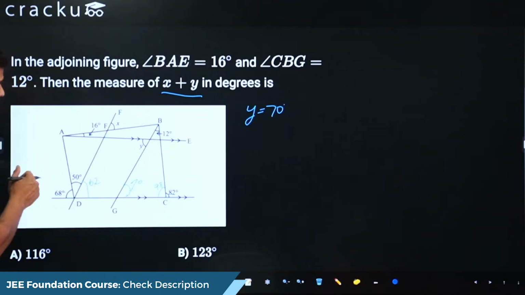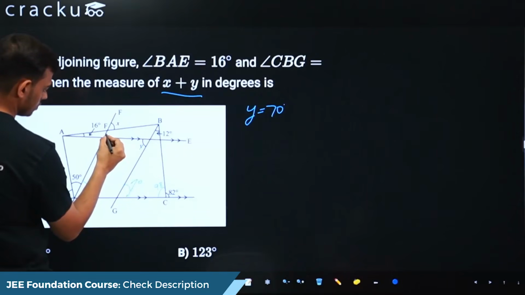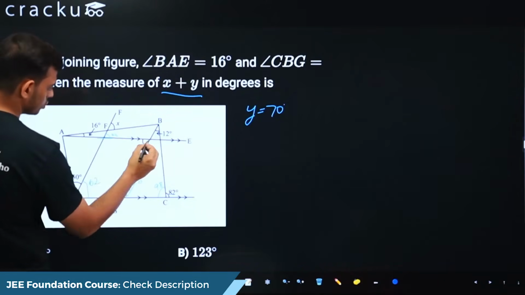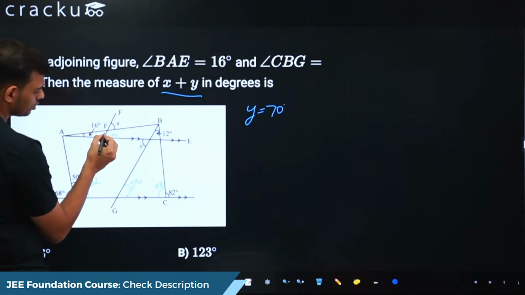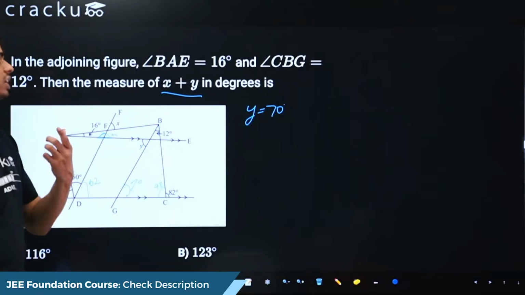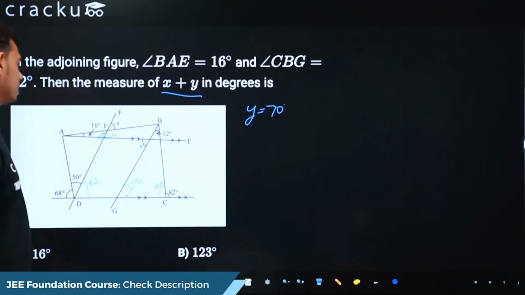If this is 62, then this will also be 62, because these two are parallel lines and this is a transversal. I can calculate this angle using the property that the sum of angles on a straight line is 180 degrees. So this will be 180 minus 62, which is 118.